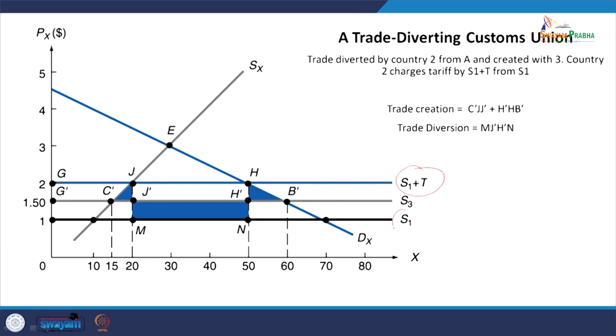Now here, country 1 charges a tariff of amount T, or almost double the prices, or the tariff is 100%, that increases the tariff to 2. This has resulted in higher prices, and this actually diverts the trade.